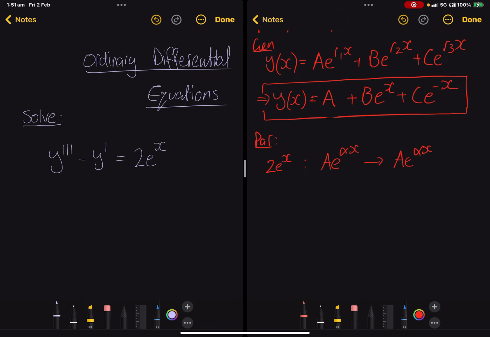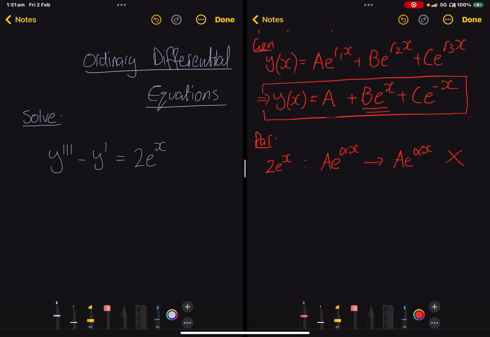So this is an ordinary guess, but we already have something that's in the form of a e to the alpha x, where a is b and alpha is 1. And alpha is 1 is the case for the term 2e to the x. So we have to pick something else. So this won't work.